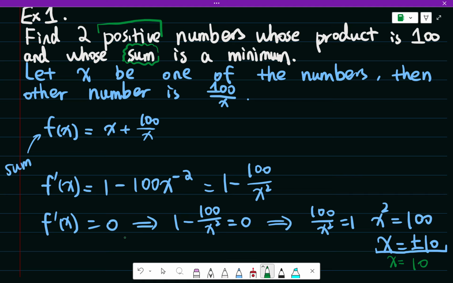So x can only be positive 10. So one of the numbers is 10 and the other one is 100 over x. So 100 over 10 is 10. So the two numbers are actually identical, 10 and 10. And this question follows perfectly through our general strategies that we talked about earlier in this video.